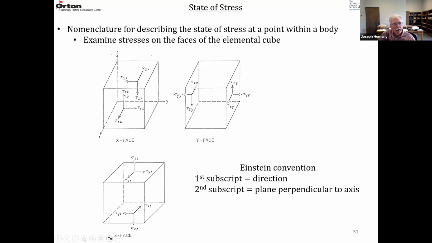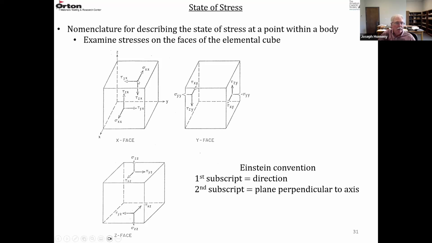We can look at tau zx. The first subscript is the direction of the stress, and then x is this plane. So the shear stress is in this plane perpendicular to the x-axis. In the first case, the normal stress was perpendicular to that plane. And then tau yx is in the y direction in the plane perpendicular to the x-axis.